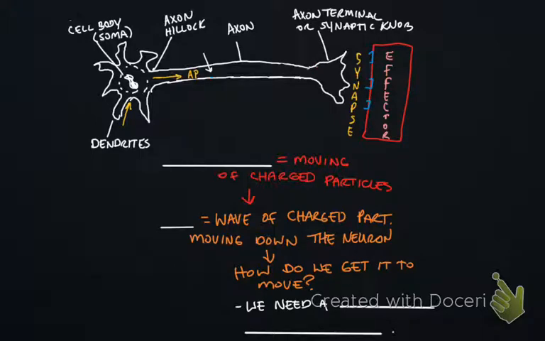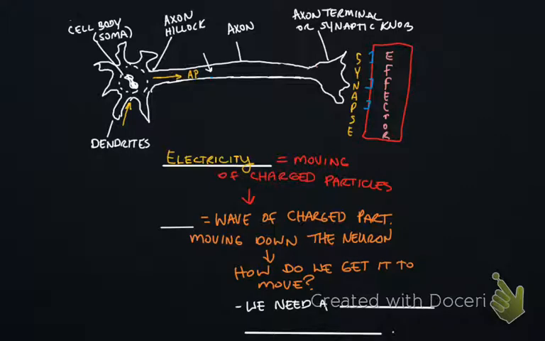Okay? Electricity is the moving of charged particles. They move down the neuron, and to do that, we need a difference of charge.